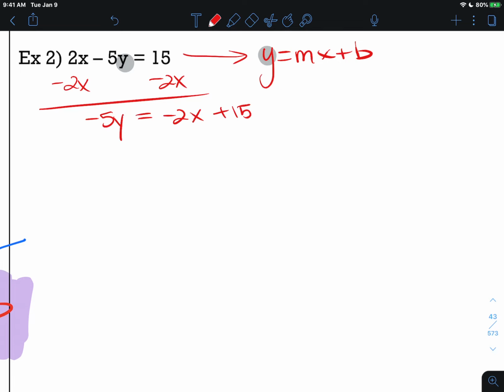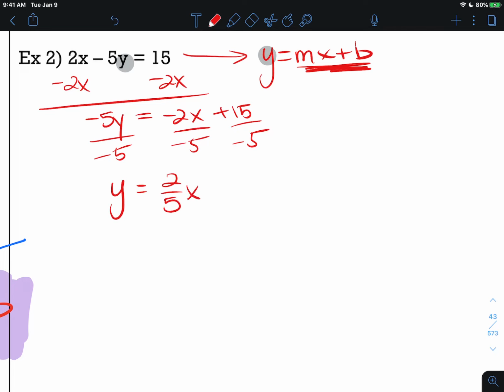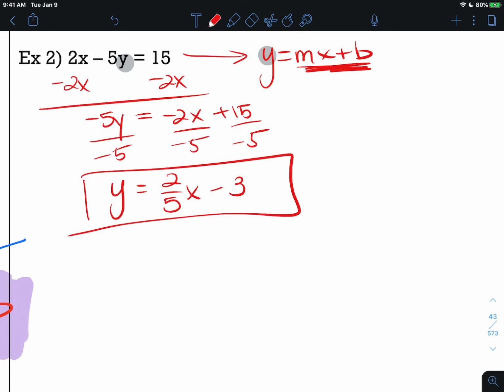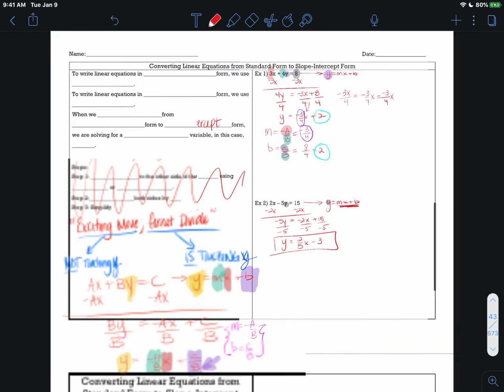And I write the x in the front because I want to make it look just like this guy. Great divide. And I end up with slope-intercept form. You could go back and check it, but you don't need to. It's correct.